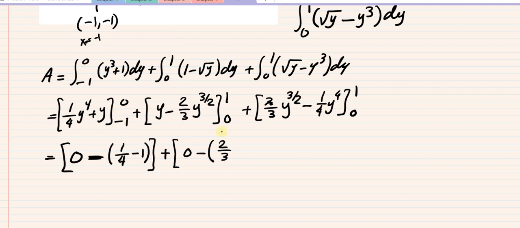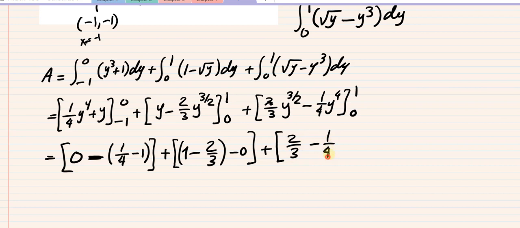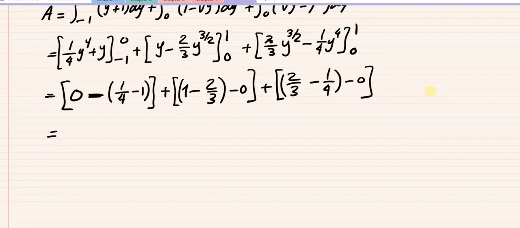Okay, now plug in the upper limit 1, correct? When I put in 1, I'm going to get 1 minus 2/3. The lower limit 0 gives you 0, minus 0, plus the one next to it, upper limit 2/3 times 1 is 2/3 minus 1/4. Lower limit 0 gives you 0. Equals, 1/4 minus 1 is 3/4 negative, and the negative in front makes this positive 3/4.